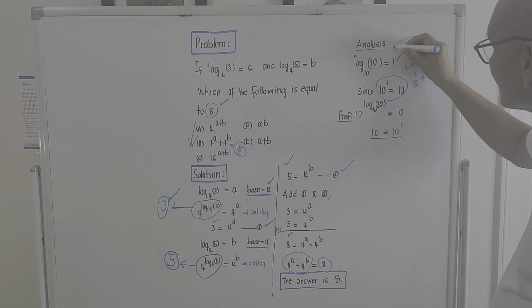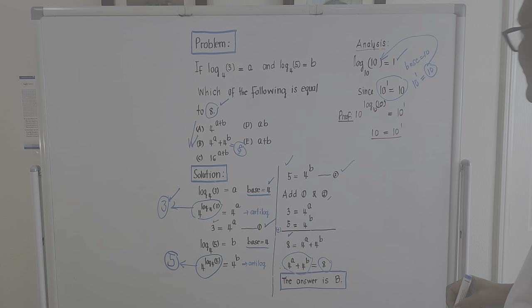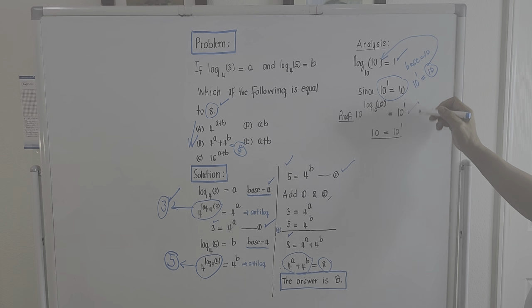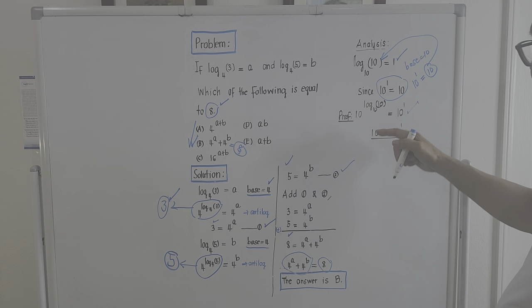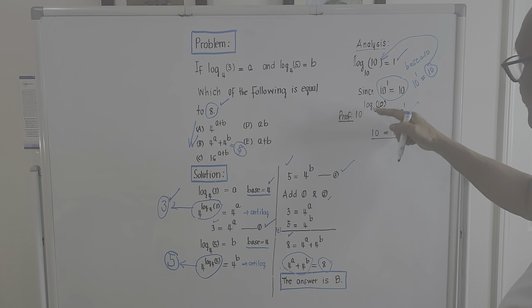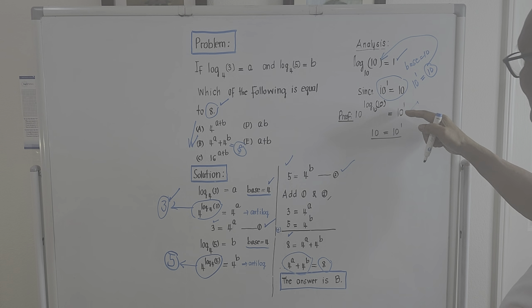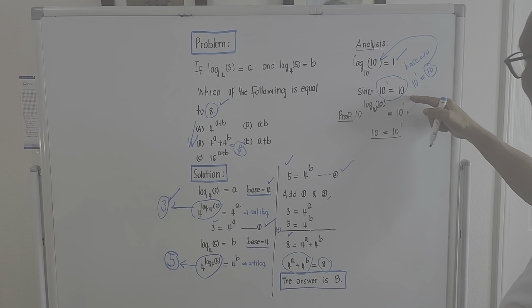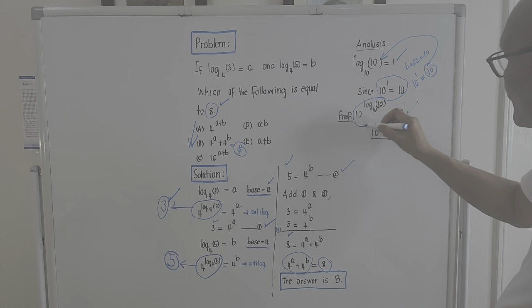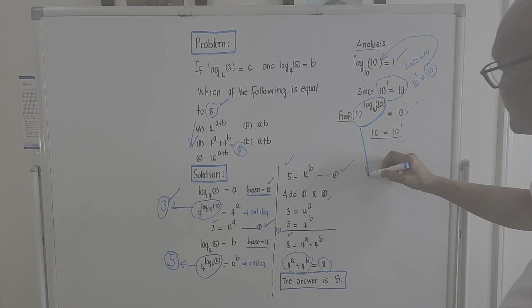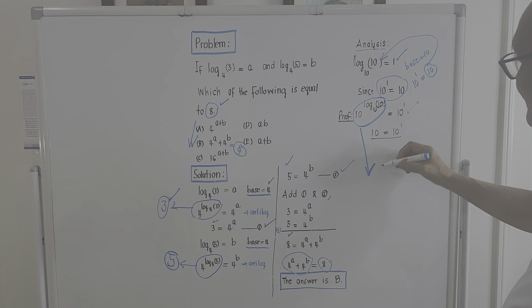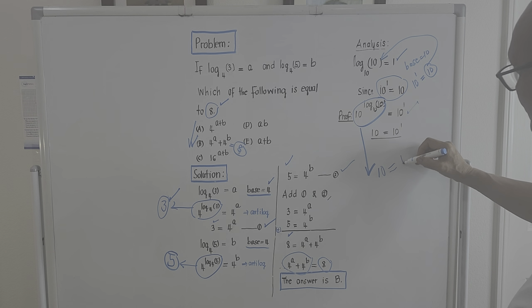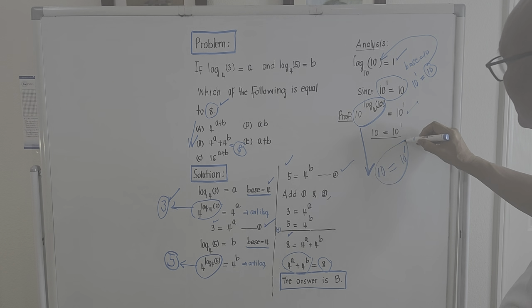That's the proof: if we take the antilog of the logarithm of 10 with the base of 10, this is 1, so this should be 10 raised to 1. But again, if you do not know the simplification of this, this will simply be 10. So 10 is equal to 10 to the 1.